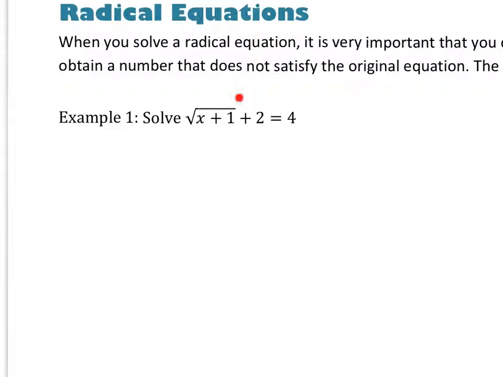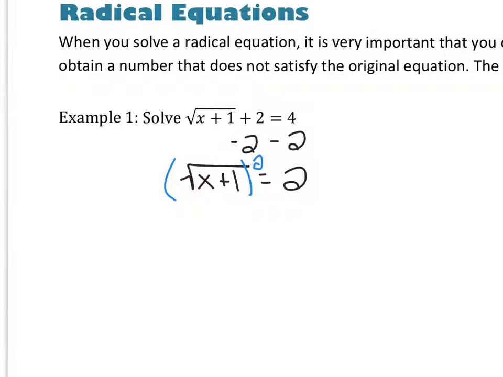So here's our radical. We need to get it all by itself. Is it all by itself? No. First we need to subtract the 2. So we get the square root of x plus 1 equals 2. It's by itself. Once it's by itself, we can square it.